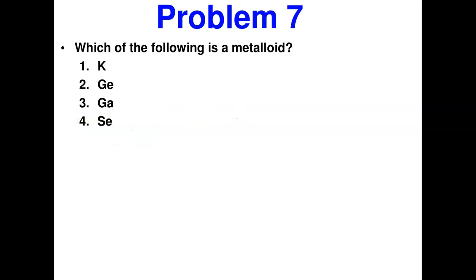We now go to the next one. It says, which of the following is a metalloid? Of course, potassium is not a metalloid. We know that, clear enough. Selenium is not a metalloid. Gallium is not a metalloid. The only metalloid we have here is number 2, and that is germanium. Germanium is element number 32. If you look at it there, it is shaded green.